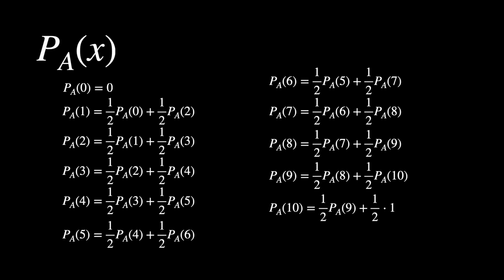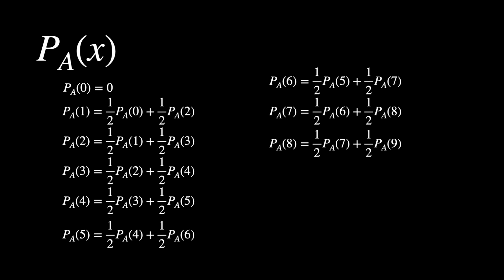Then we simplified it a little bit. Let's try to replace PA10 in the equation for PA9 above. Then make the equation simpler, and simpler, and simpler. Let's repeat this process.